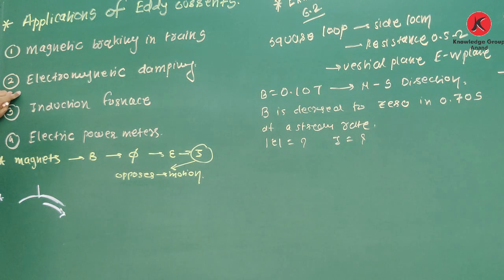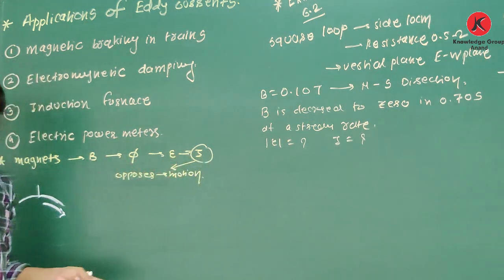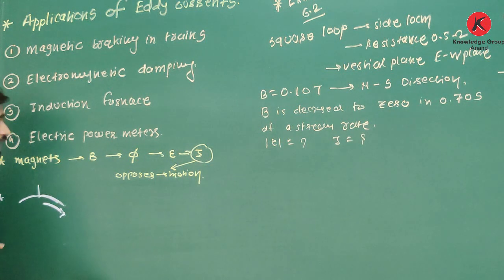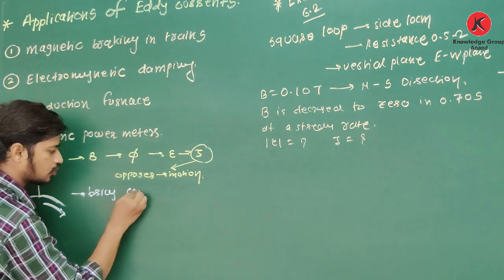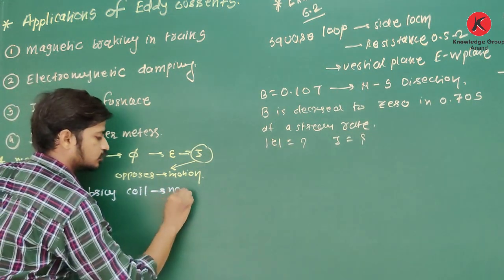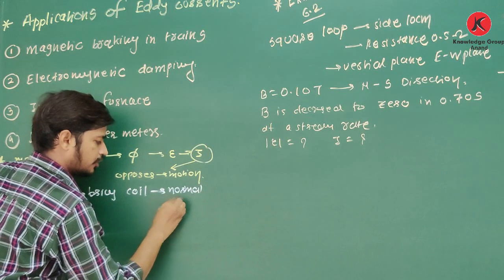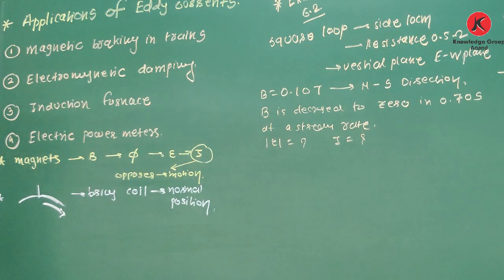Whenever the magnet placed in a galvanometer is activated, due to that magnetic field is produced, flux is produced, EMF is induced, current is produced, and that current is produced such that it brings the coil to its normal position. So yes, it is called electromagnetic damping.